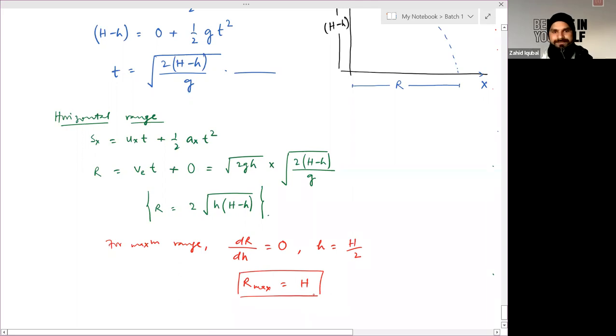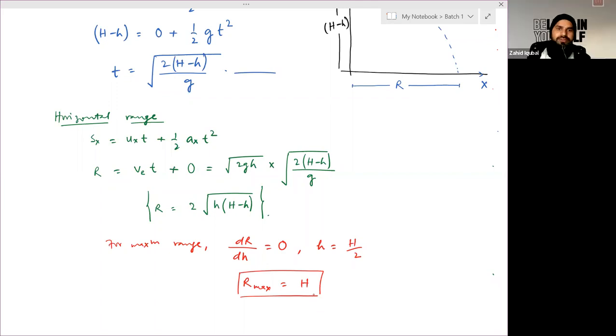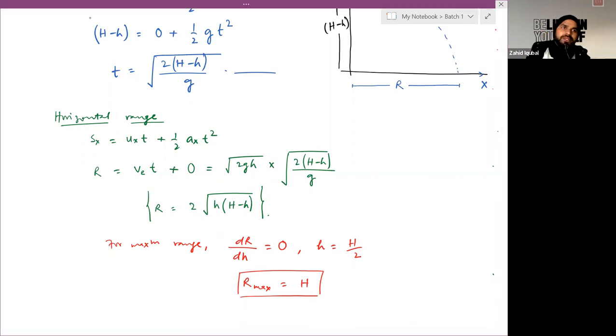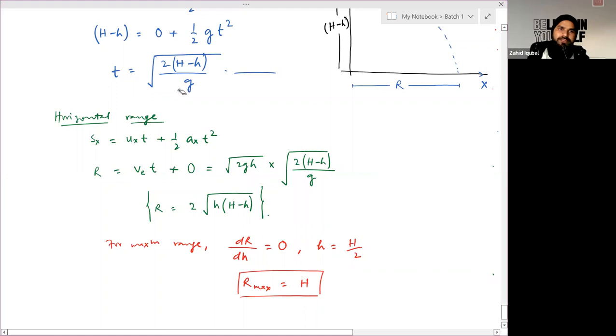Hamza, any doubt? No, sir. Suppose the hole is made at the lowest point or bottom point, then the time taken by the liquid to hit the ground will be 0 using this expression.